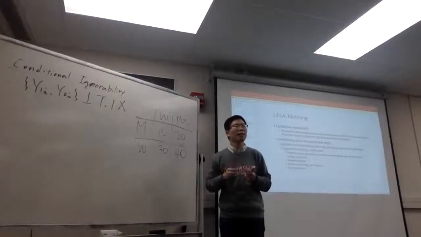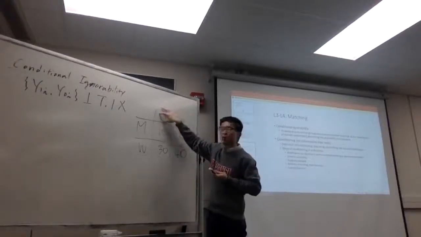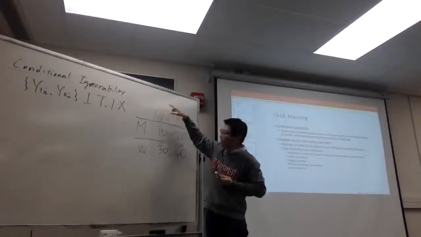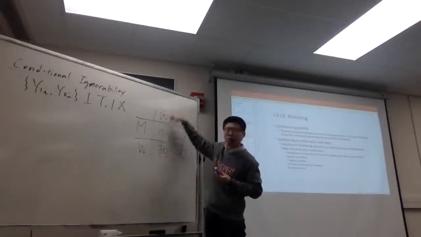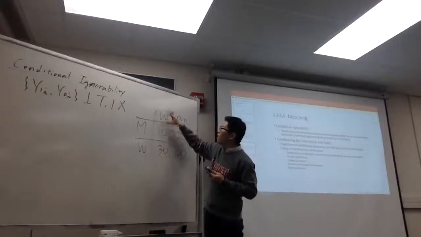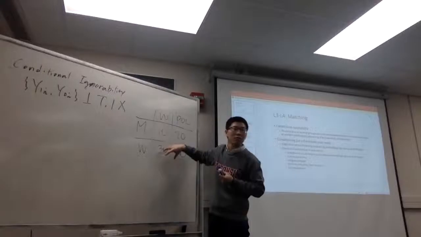Good? Because controlling means holding this variable constant, right? In this subgroup, in this stratum, everybody's race is the same because they're all white people.